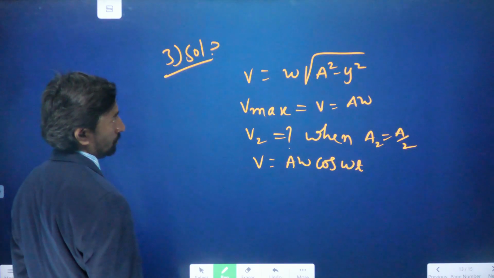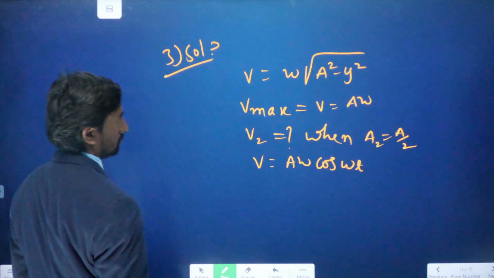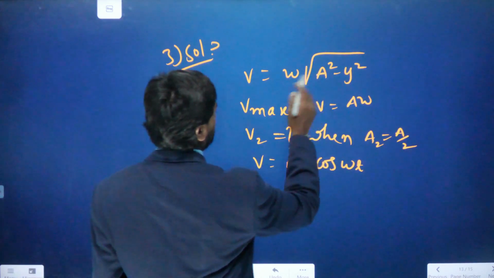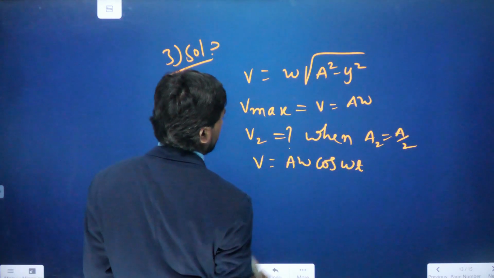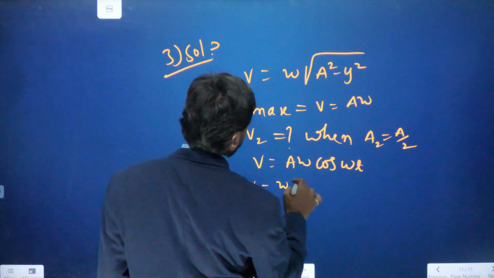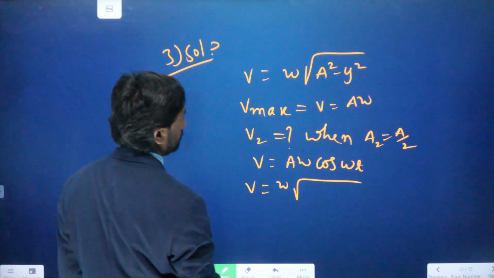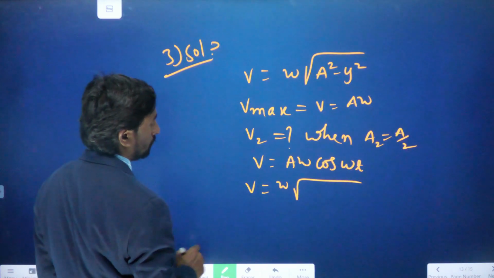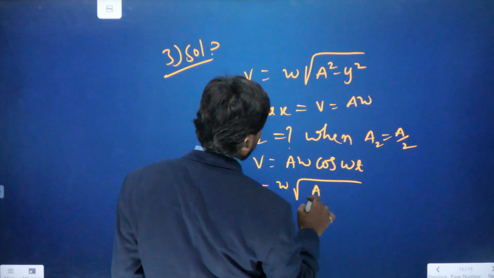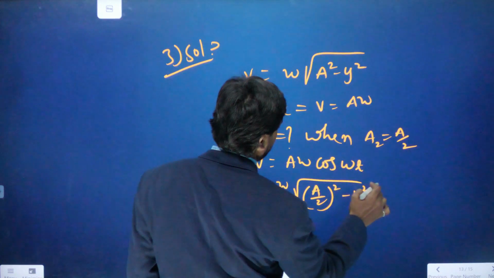Now from this equation, V is equal to omega into square root of A square minus Y square, with A replaced by A by 2: A by 2 whole square minus Y square.